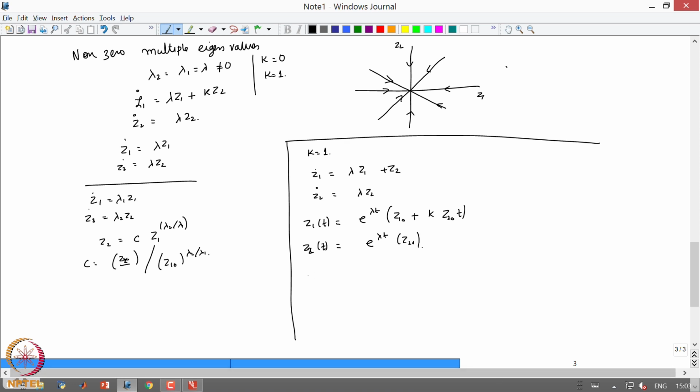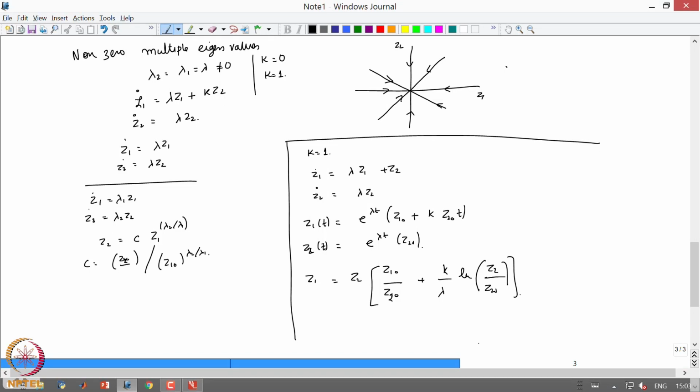If I want to write it in terms of z1 and z2, that will simply be z1 is z2 times (z1 0 by z2 0 plus k over lambda times log of z2 by z2 0).